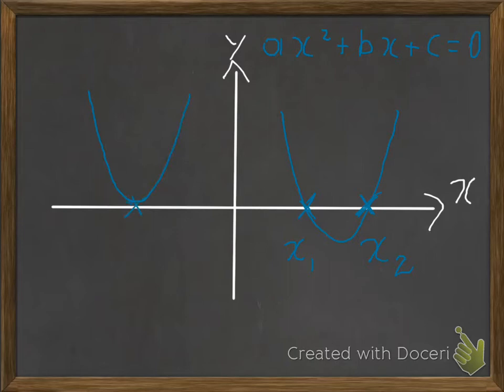It will touch down at one point, and there we have repeated solutions. So where you have the 2 brackets, the x value that makes the equation 0 for each bracket might be the same. And then the third case is the parabola might not cross anywhere on the x-axis. That has no real solutions.